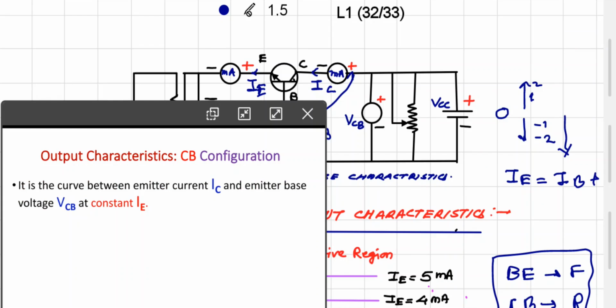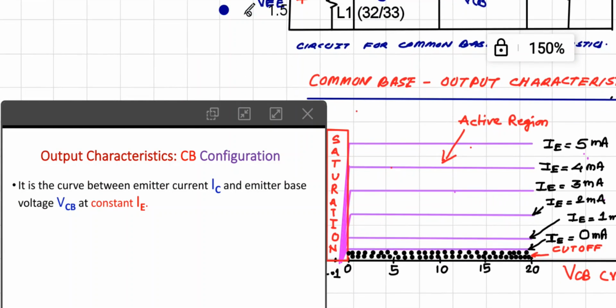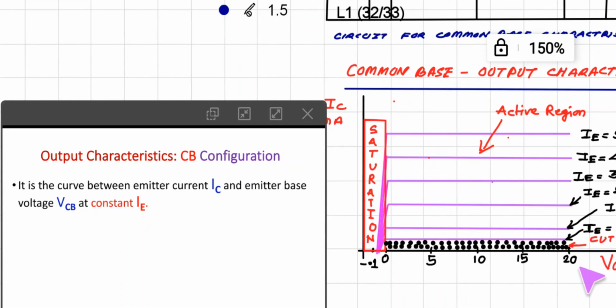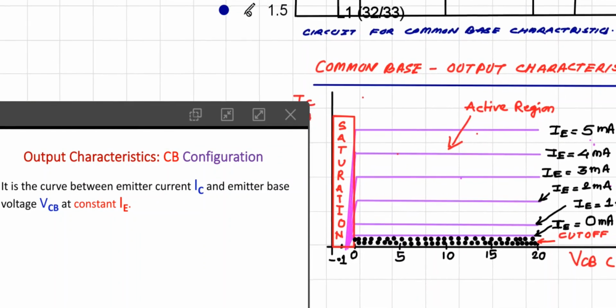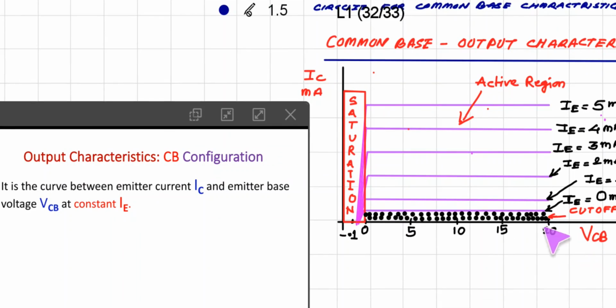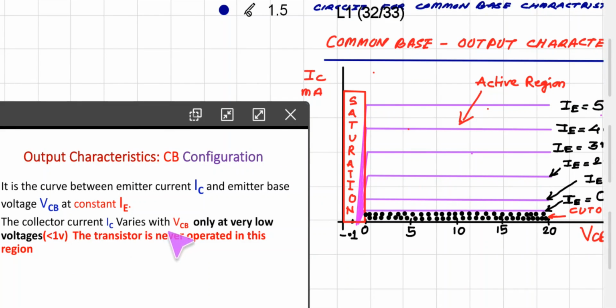So we saw that here it is the curve between IC, the collector current, and VCB. So this is VCB at constant IE. The collector current IC varies with VCB, but remember that only at very low voltages.